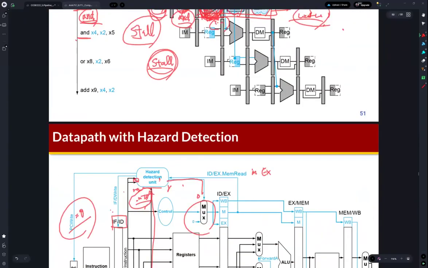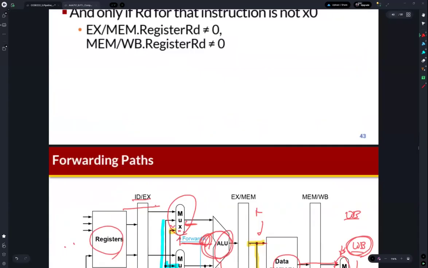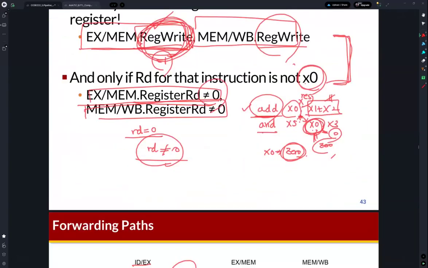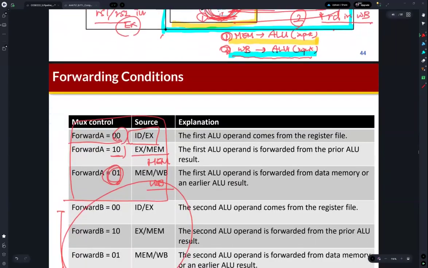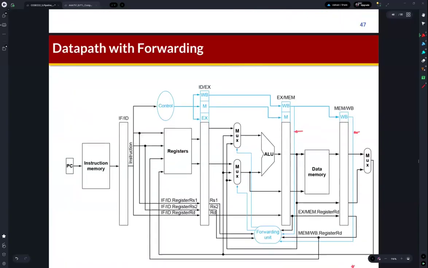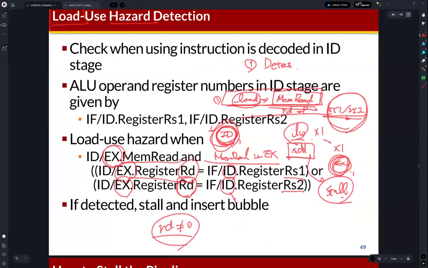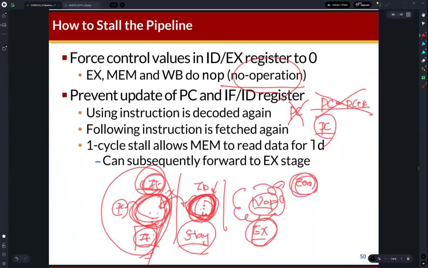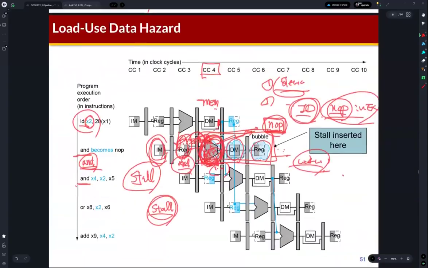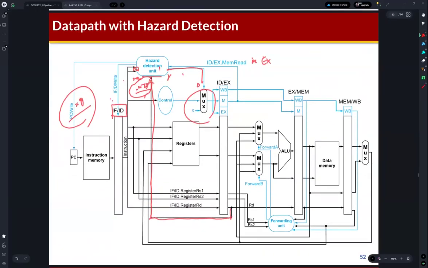Okay, I will stop here, and actually this part is very important, right? As I mentioned, the pipeline architecture needs to support data forwarding and hazard detection. And when a hazard is detected, the pipeline needs to be stalled, so that also needs to be implemented in the pipeline architecture.